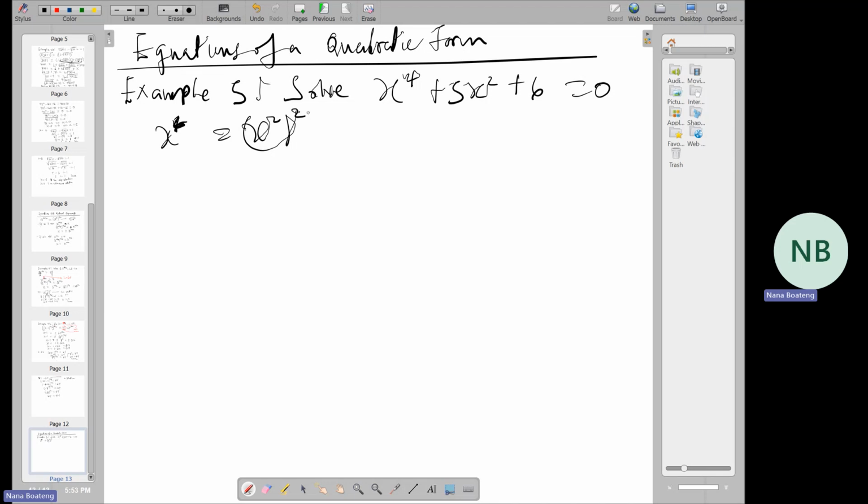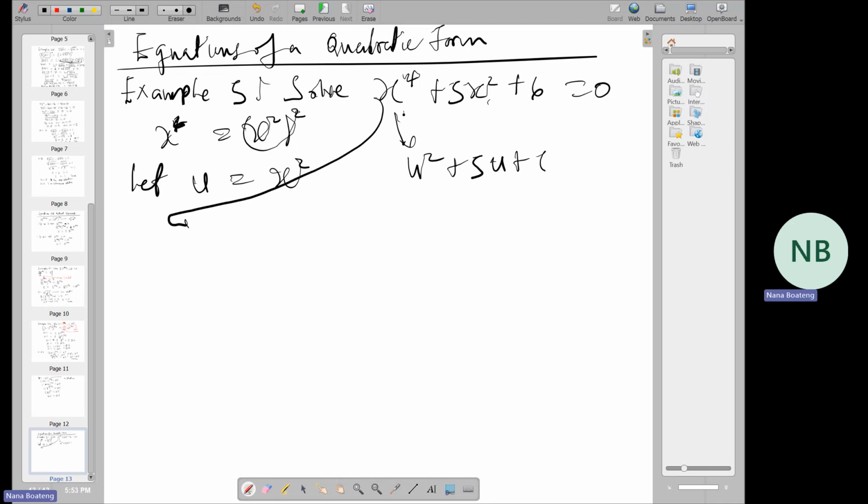So the key is to make a substitution for x squared. So if we let u be equal to x squared, then we can rewrite this equation as x squared would become u squared plus 5, and x squared is u, so u plus 6 is equal to 0. So we have now reduced the equation from the fourth power to a quadratic equation from which we can factorize.